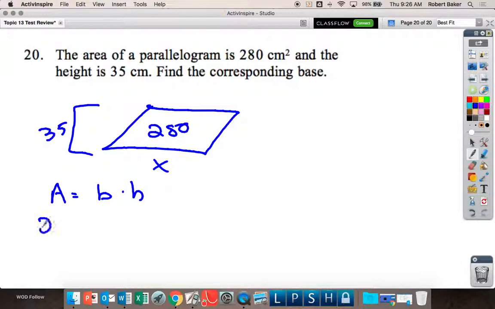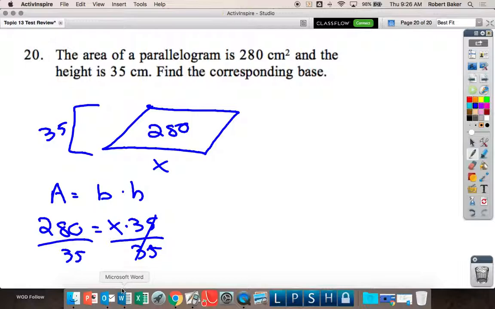We have an area of 280. We have a height of 35. And we don't know how long the base is. So to solve for x, divide both sides by 35. 8 centimeters.